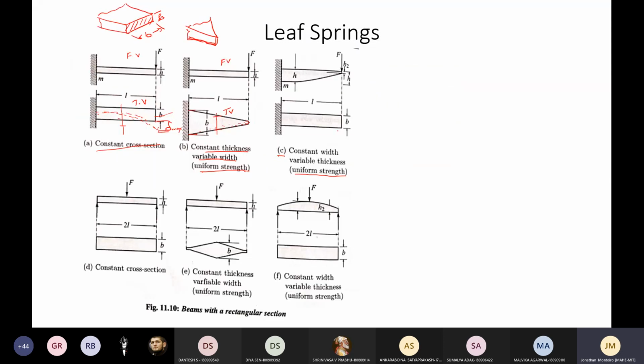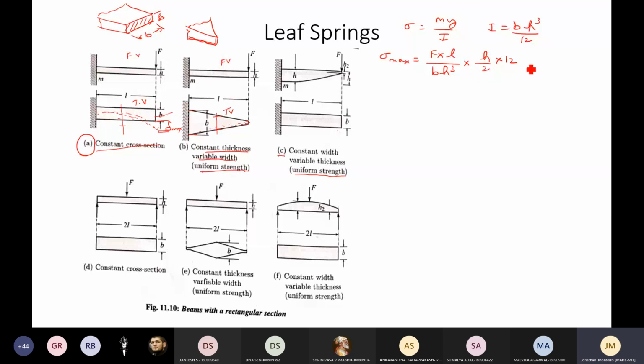Yes. So we know that sigma is equal to My by I, and I is equal to bh cube by 12. We know the very basic bending equation. So what about sigma max over here? Suppose, say, for type A, I'm concentrating on type A now. Very simple. We know this is F into L by bh cube into h by 2 into 12.